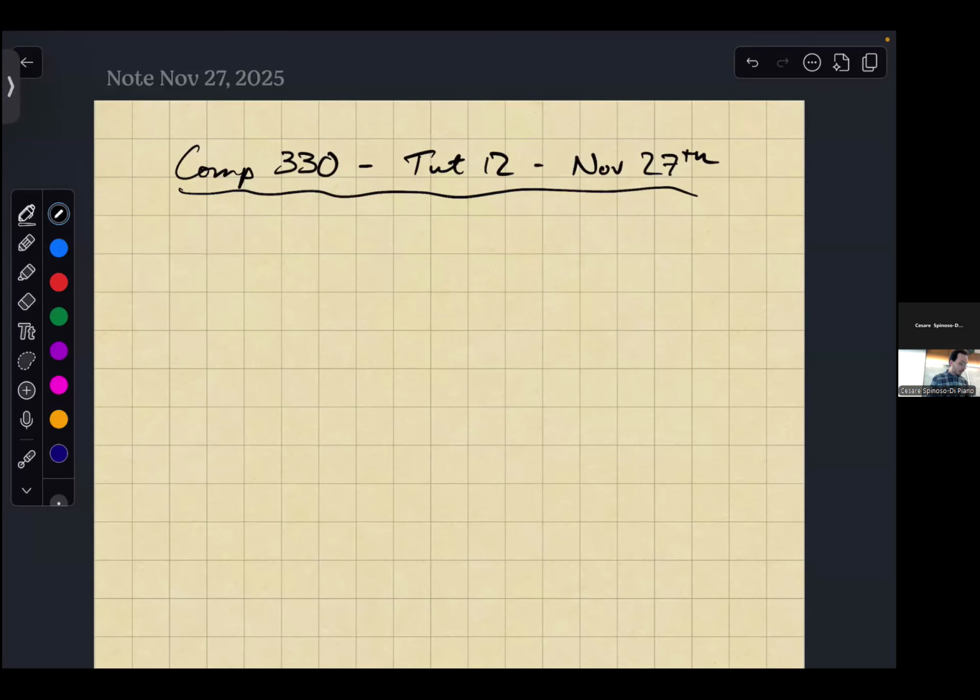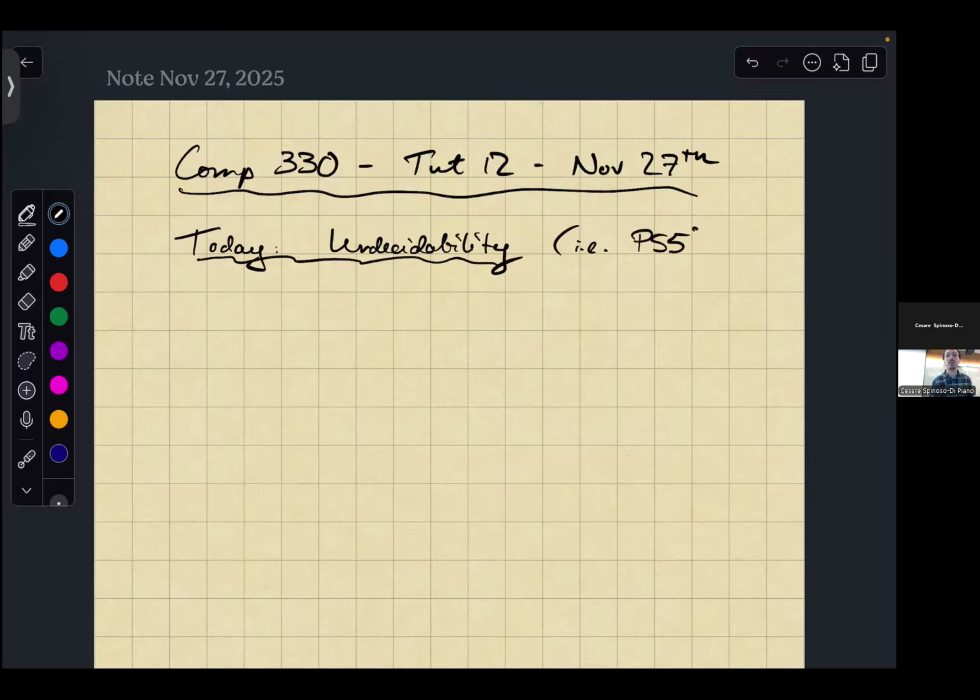So the general topic that we're going to be discussing today will be undecidability, which is a very broad and very large topic, but for the purposes of the class, it's also really just going to be essentially discussing your problem set 5, basically.